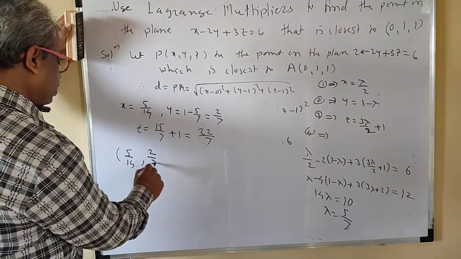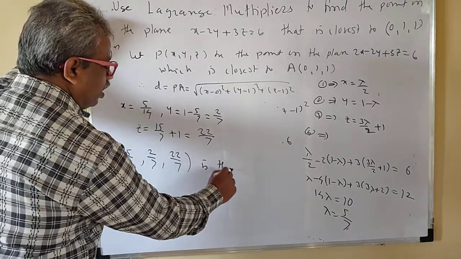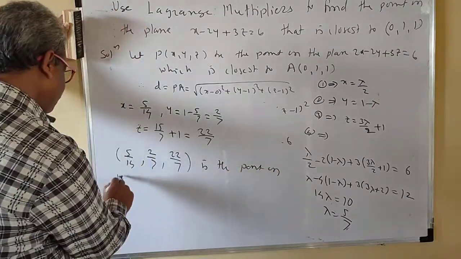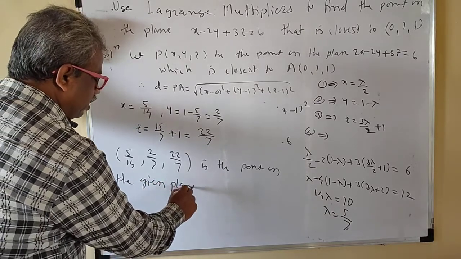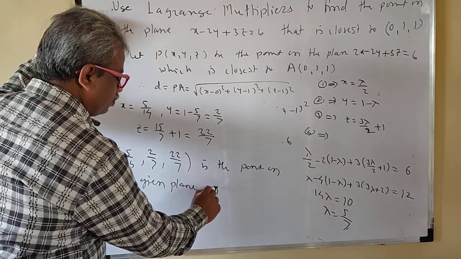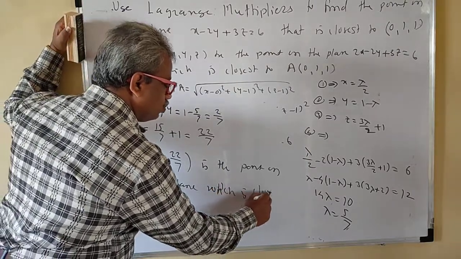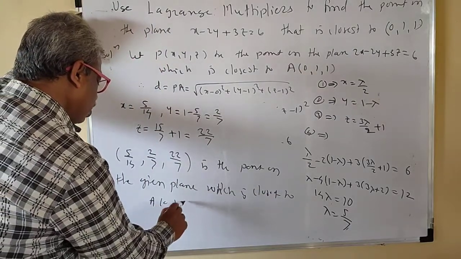Y is 2 by 7. And Z is 22 by 7. This is the required point on the given plane which is closest to A (0, 1, 1).